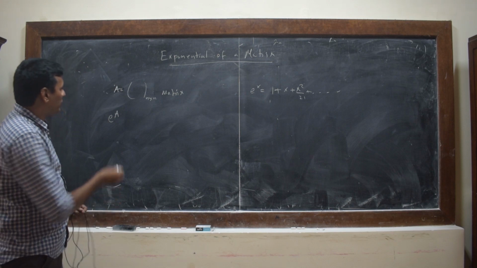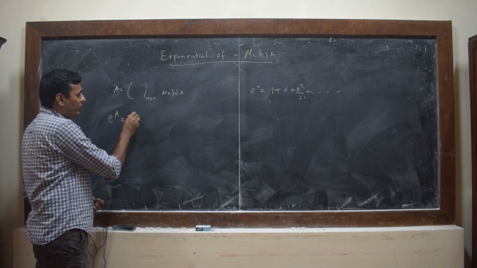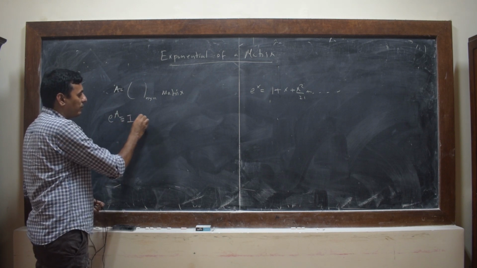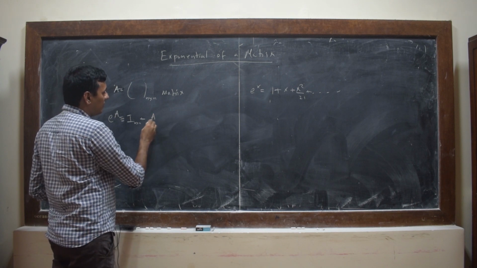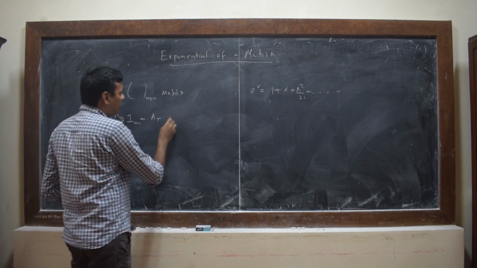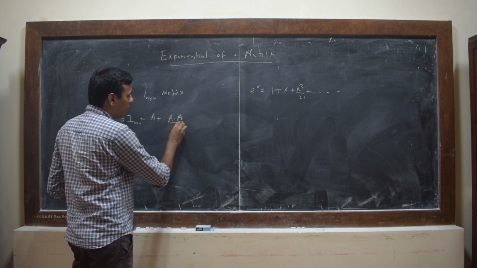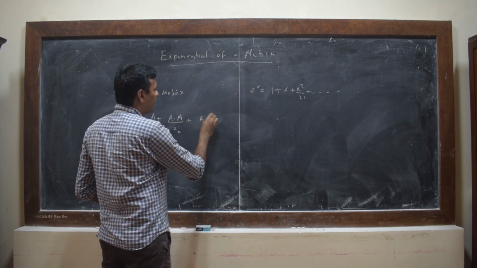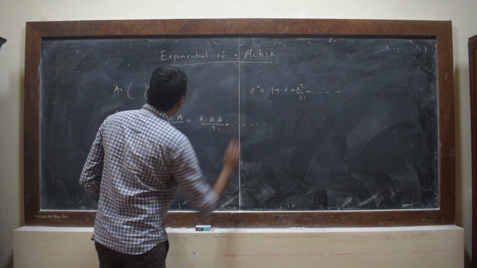Now, in the case of the exponential of a matrix, similarly you can define it. So, you have I, this is an n cross n matrix, plus A plus A into A divided by 2 factorial plus A cubed divided by 3 factorial plus etc. Okay.